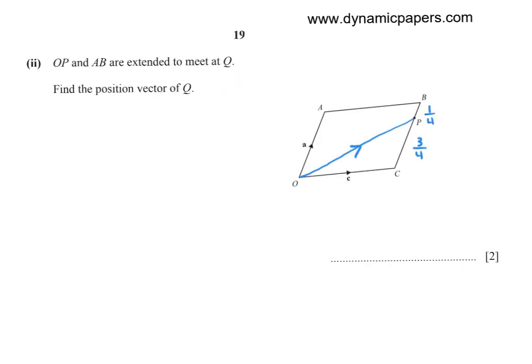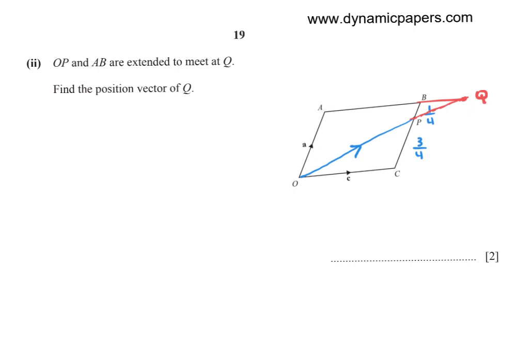For part (ii), OB and AB are extended. We can extend OB, and AB extended. They meet at the point Q. Find the position vector of Q. So I need to find OQ. OQ equals OA plus AQ. OA is vector A, but how do we find AQ?